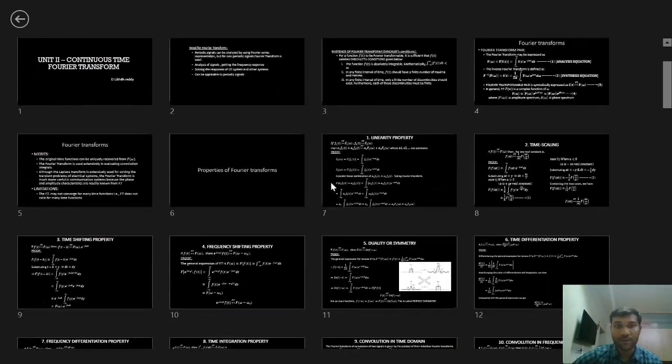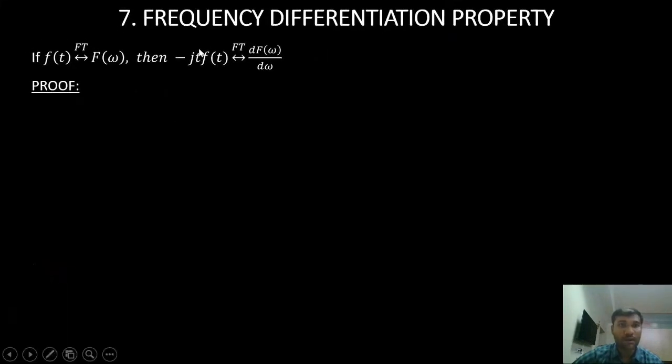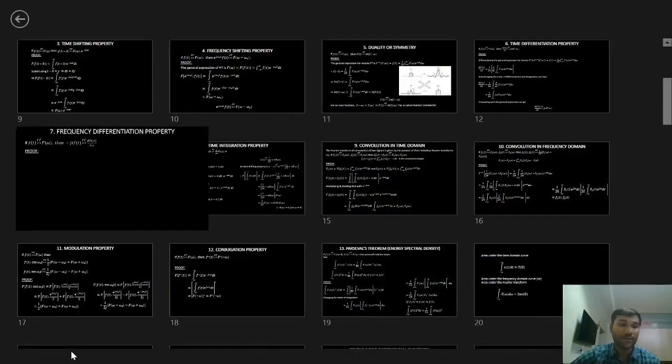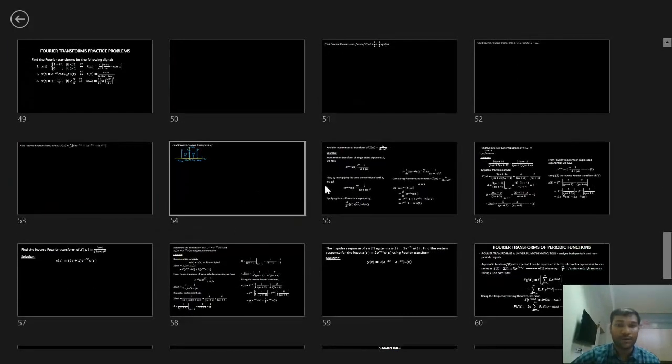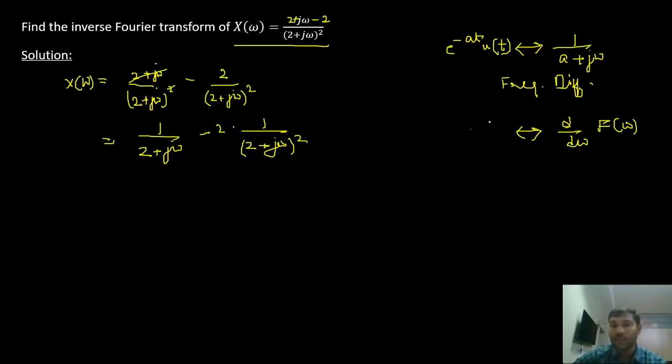If you look at the frequency differentiation, the corresponding time signal is minus jt into f of t, right? So we'll do that.